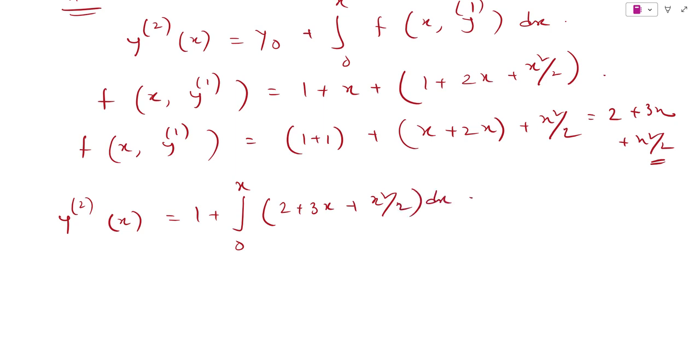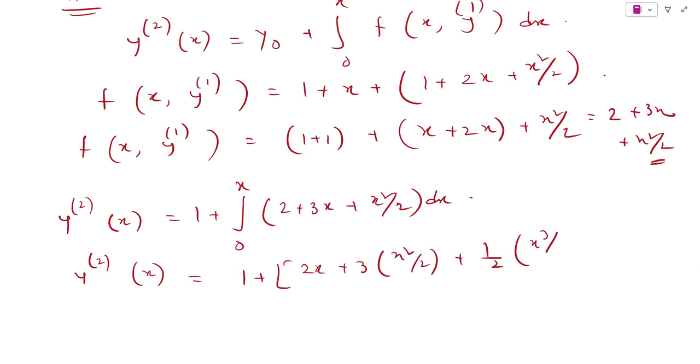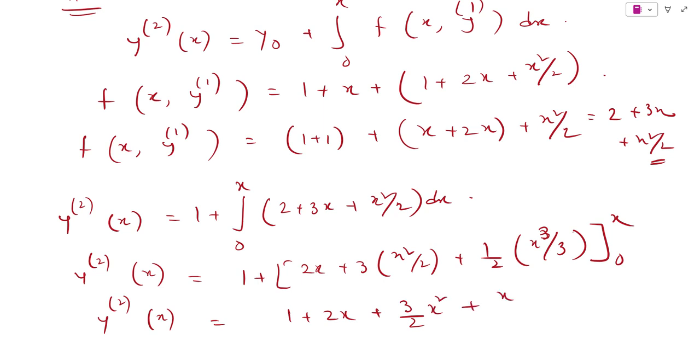Let's integrate term by term with respect to x from 0 to x. So we are getting 1 + 2x + (3/2)x² + x³/6.